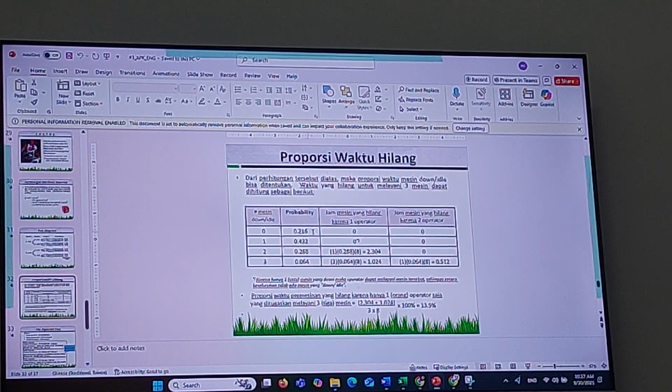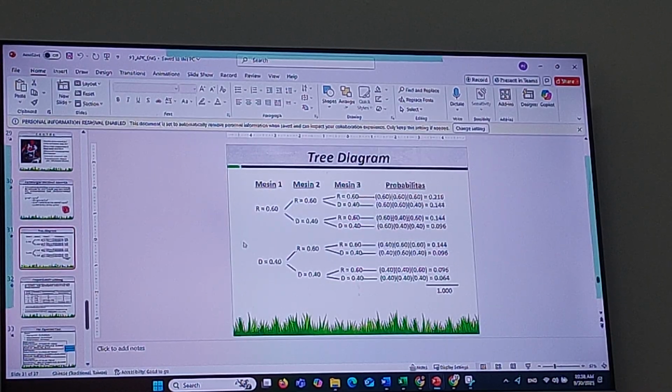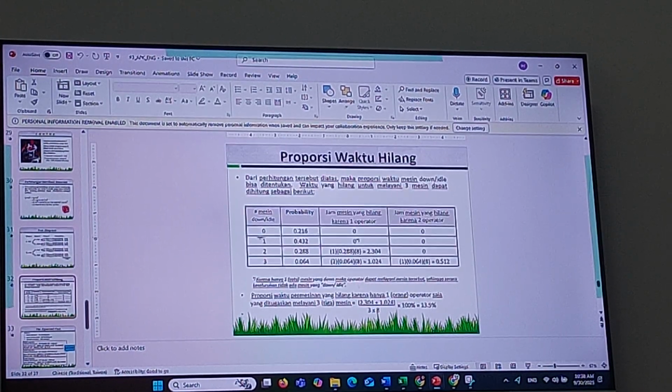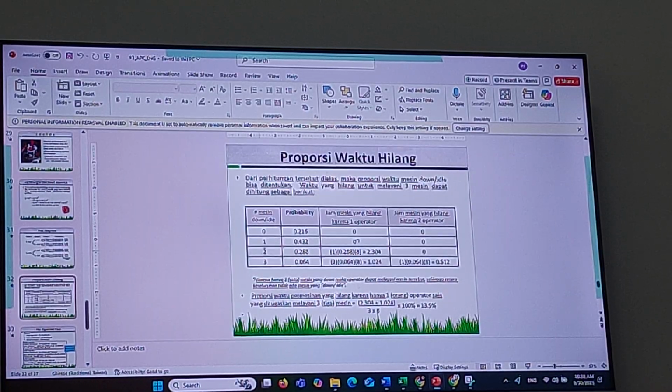The probability in that case is 0.16. Check this first. All of the machines are running, so running, running, running, and then the total is 0.16. Understand?